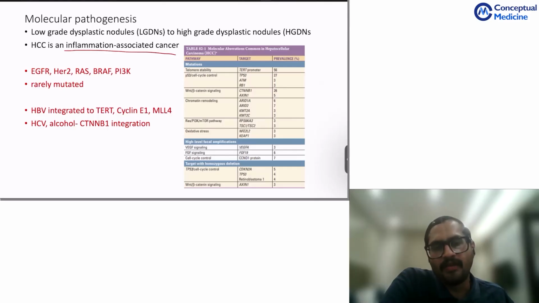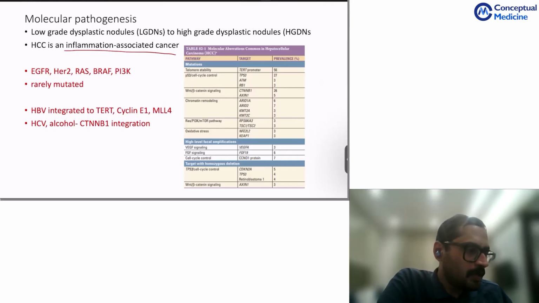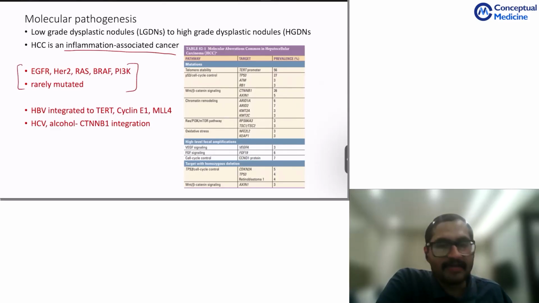High inflammatory cytokines play an important role in genetic modifications of cancers. As is common with other cancers, growth factors, signaling pathways, BRAF mutations are all only rarely mutated.